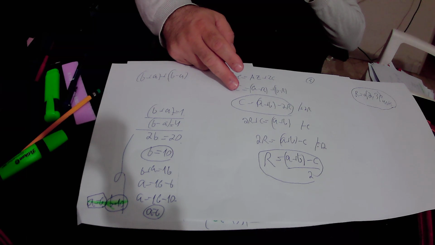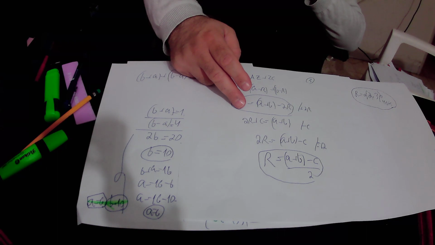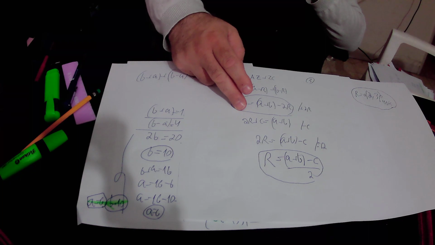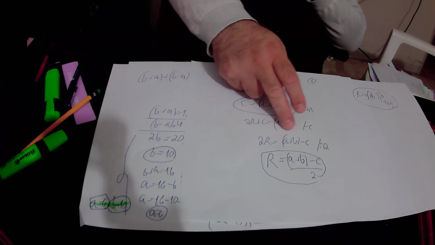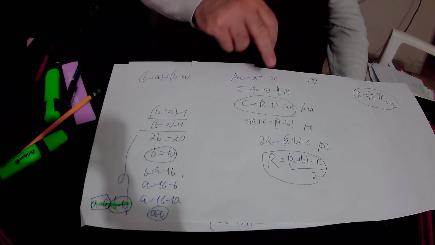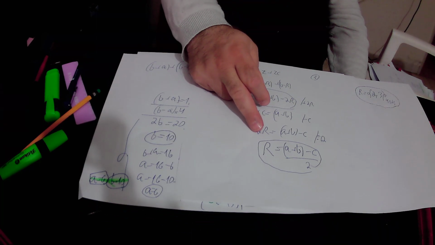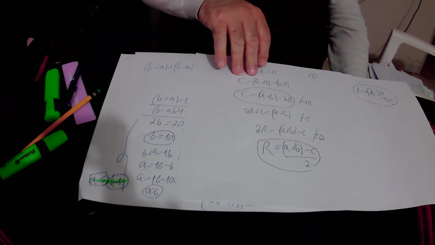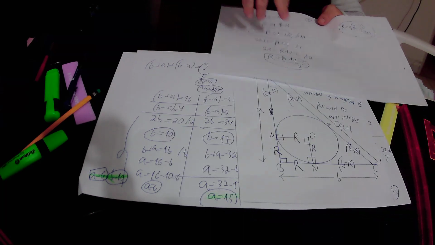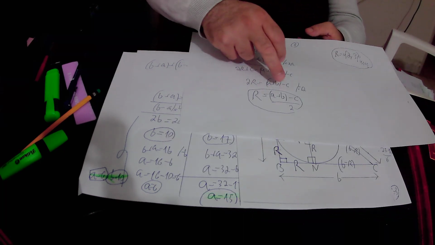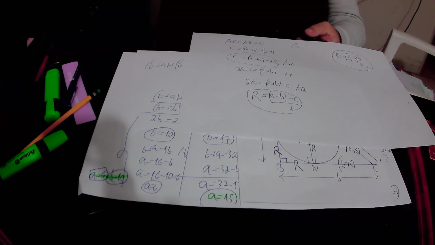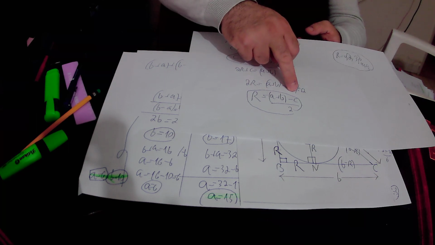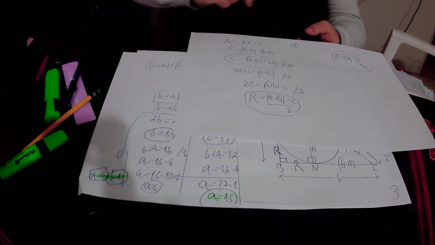We added 2R to this equation and found that 2R plus C equals A plus B. Then we subtracted C and found that 2R equals A plus B minus C. Here we divided this equation by 2 and found that the radius we are looking for, the radius of the circle inscribed in triangle ABC, equals A plus B, the sum of the perpendiculars of the right triangle, minus C, the hypotenuse of the triangle, over 2.